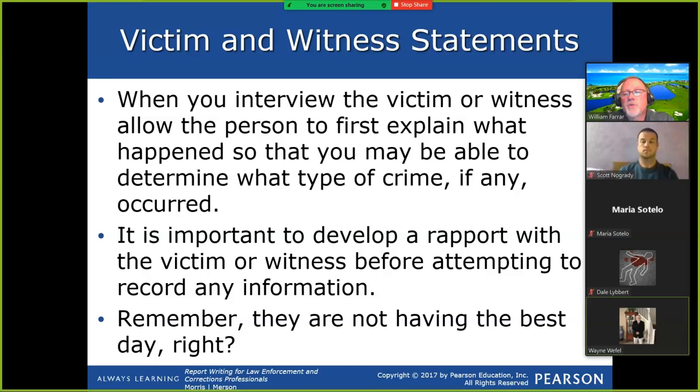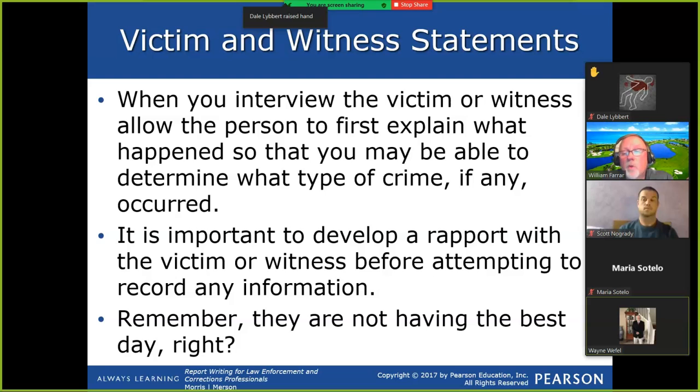Well, you need to make sure that you have the elements. So let the person run through it one time. Give them a chance to explain what happened so you're able to determine the crime type. Sometimes there is no crime. They might be casing some location and maybe they didn't get inside, so you may not be able to establish that crime. Go ahead, Dale.